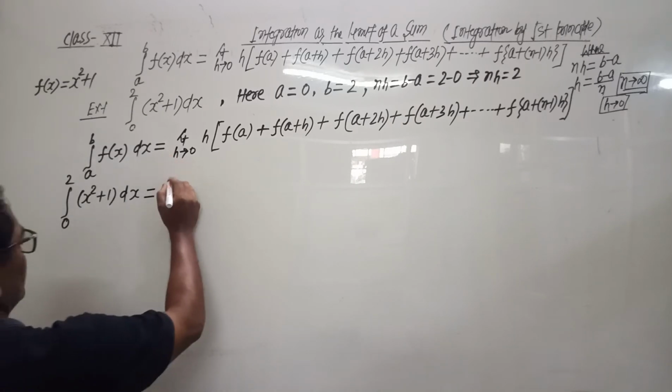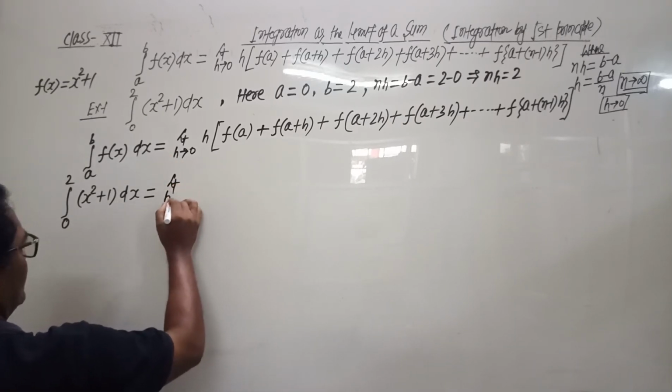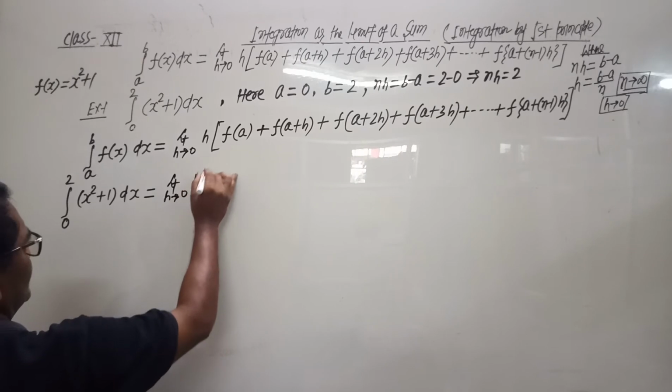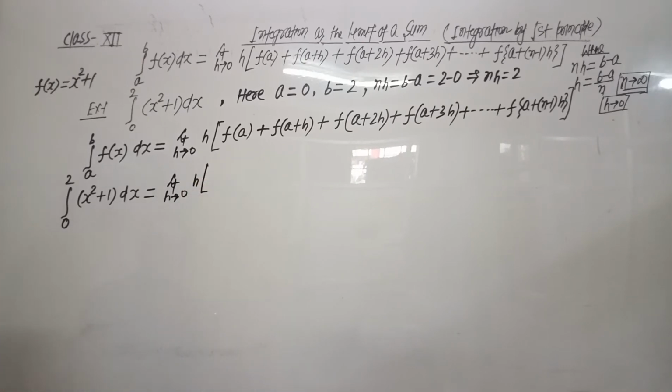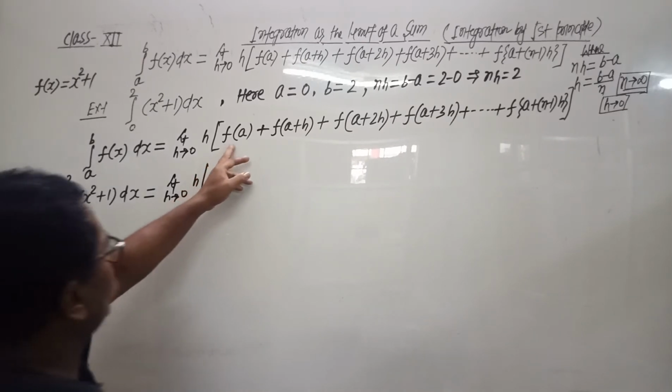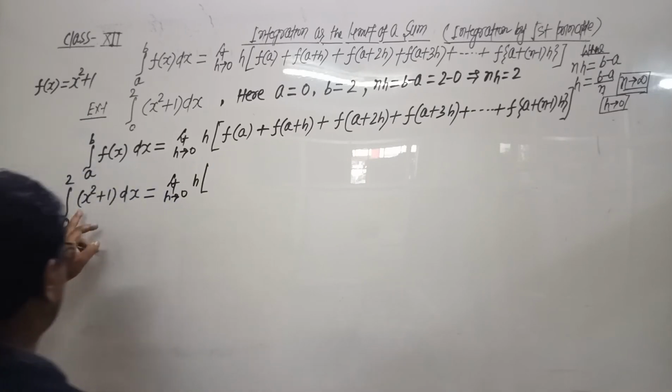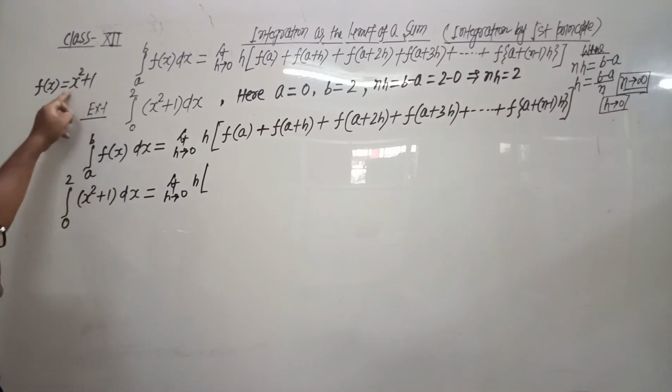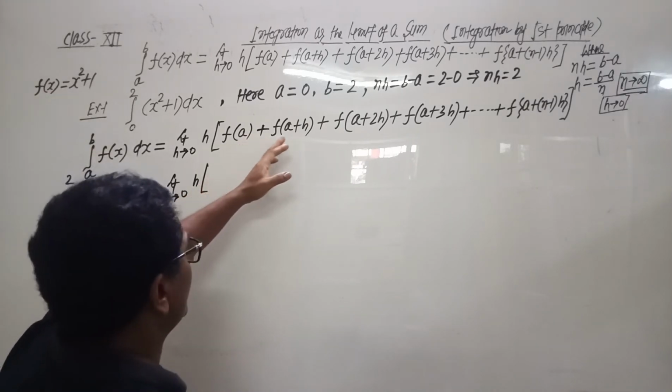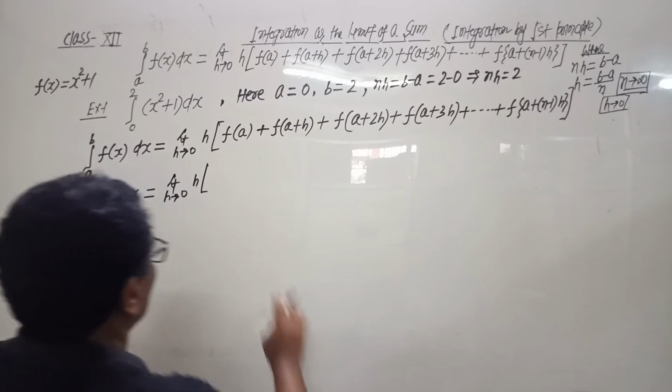So limit h tends to 0, h. Then we write f of a, where f(x) is x square plus 1. Firstly put the value of a, which is 0.